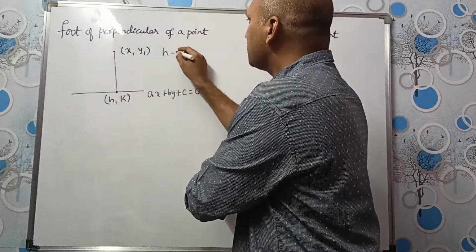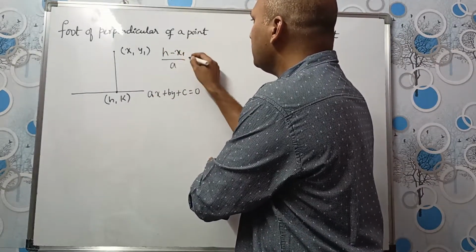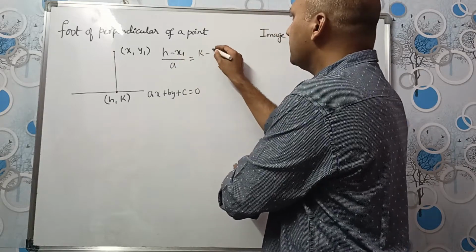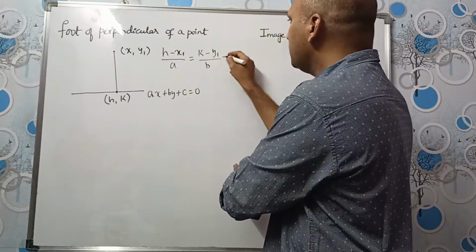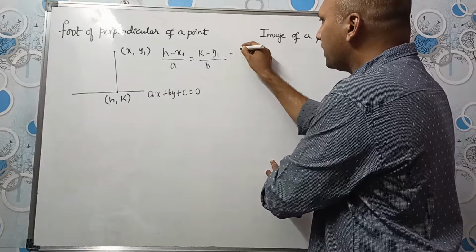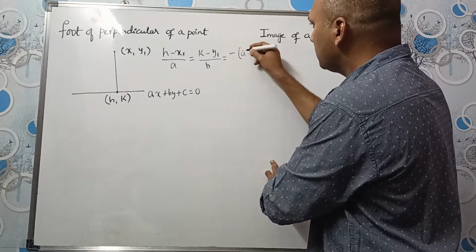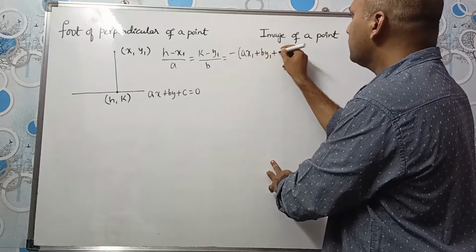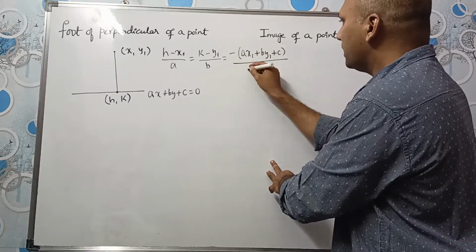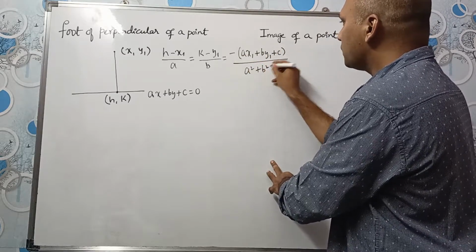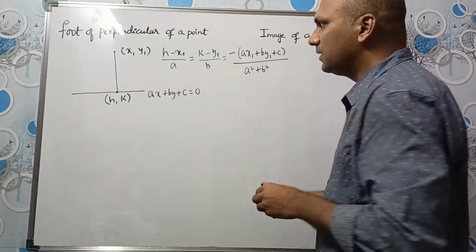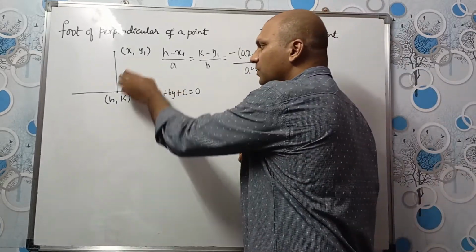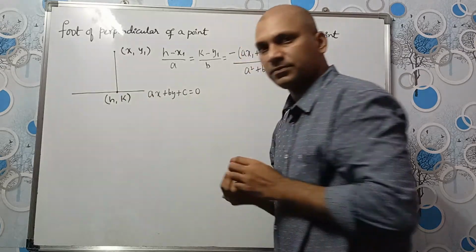It is h minus x1 divided by a equal to k minus y1 divided by b is equal to minus ax1 plus by1 plus c divided by a square plus b square. This is the relationship between foot of perpendicular point and the line.